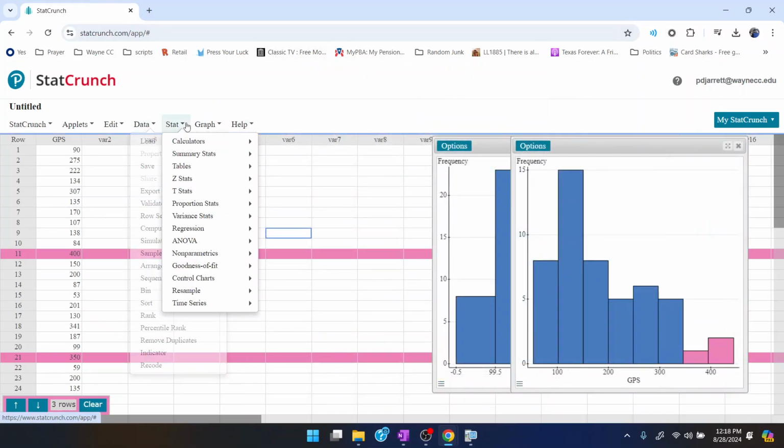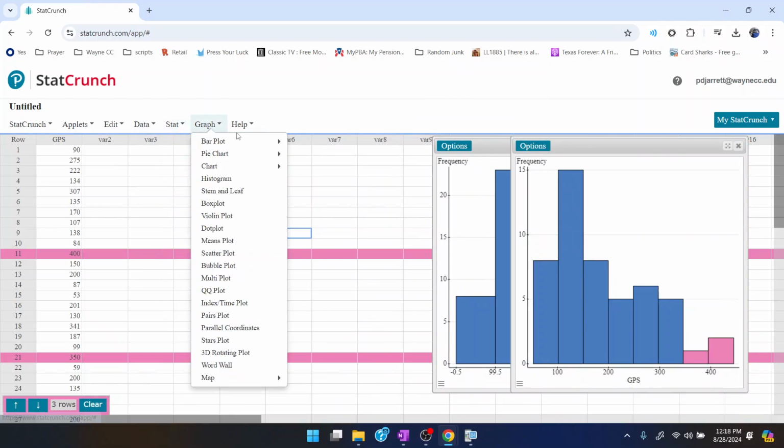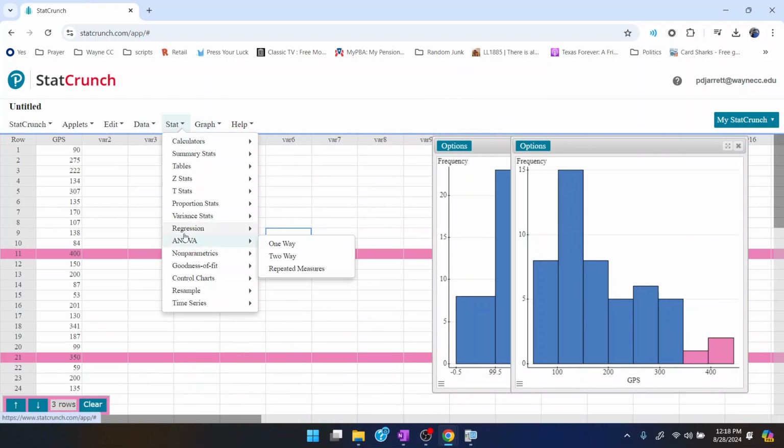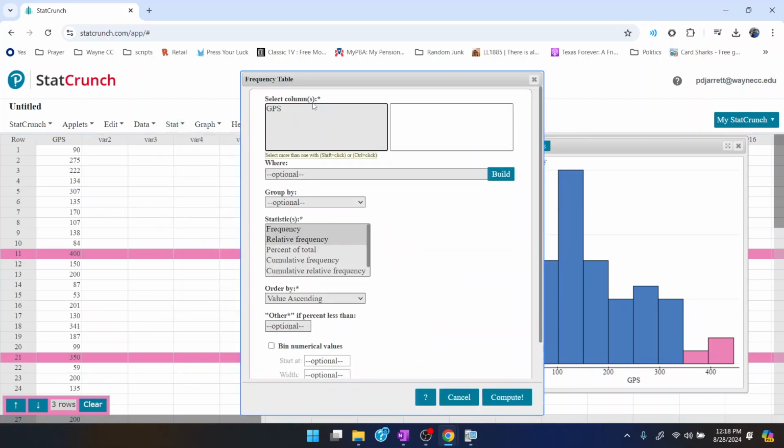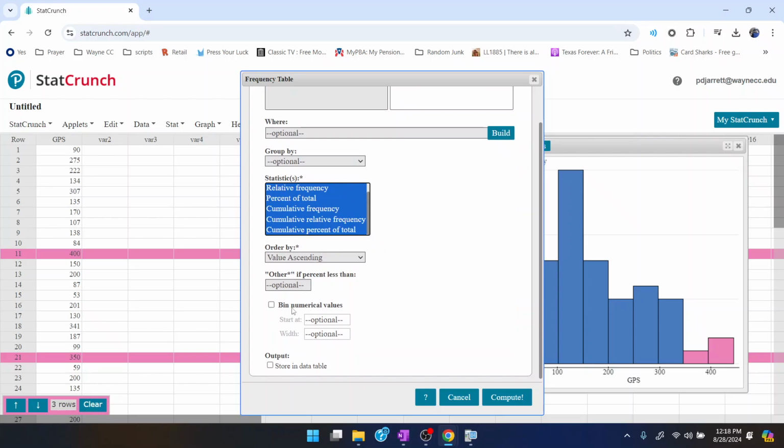And let me see here. We could even do a frequency table. And again, the directions on how to do this are on Moodle. So if we go to tables and frequency, I could do GPS and I could do a whole lot of cool stuff with this.